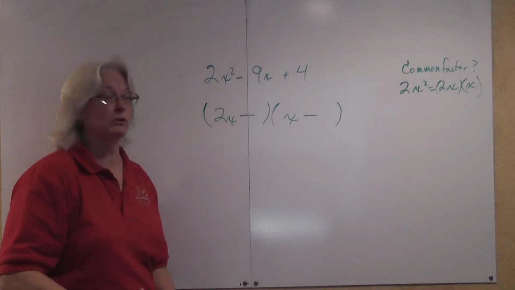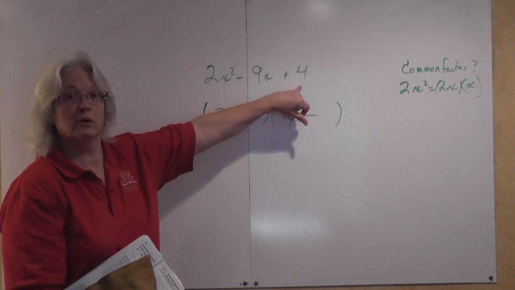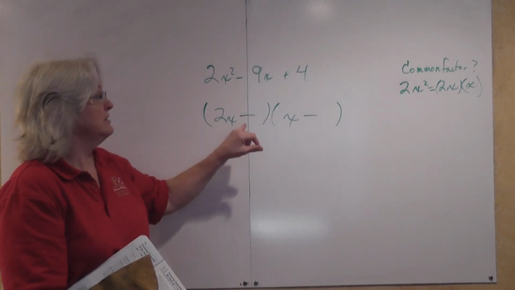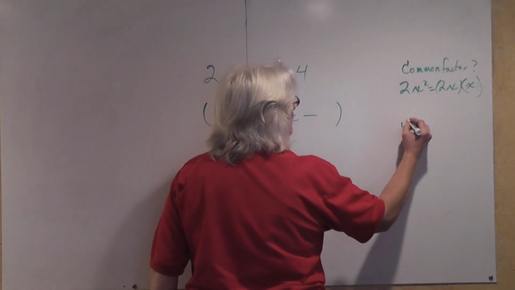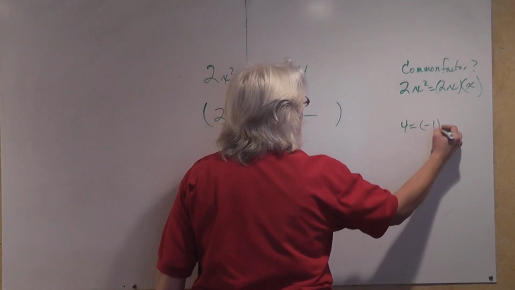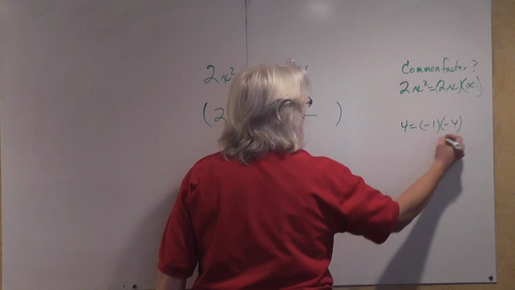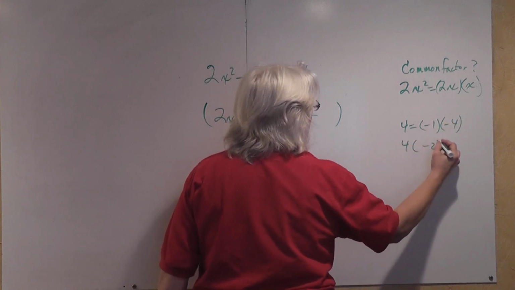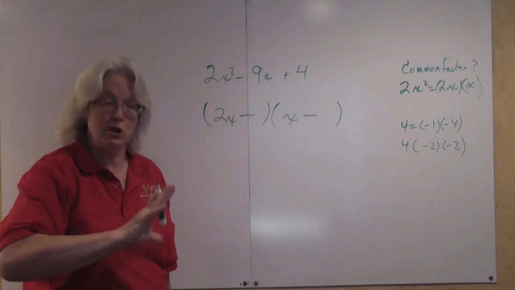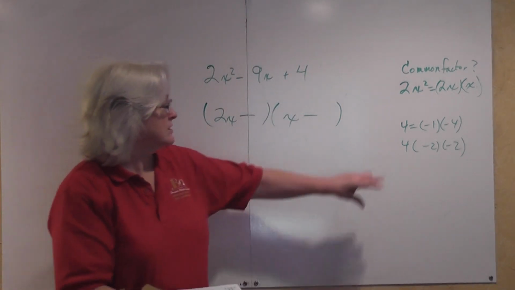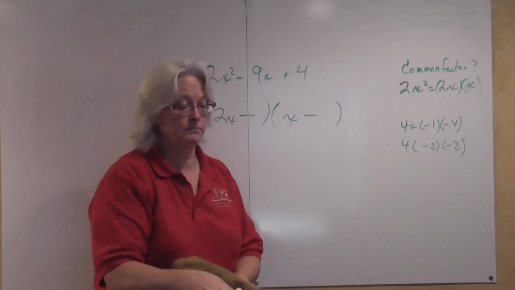So our factors of 4 are going to have to be negative. How does 4 factor? Well, 4 can be -1 times -4, or it can be -2 times -2. There's no other way that you can factor 4.